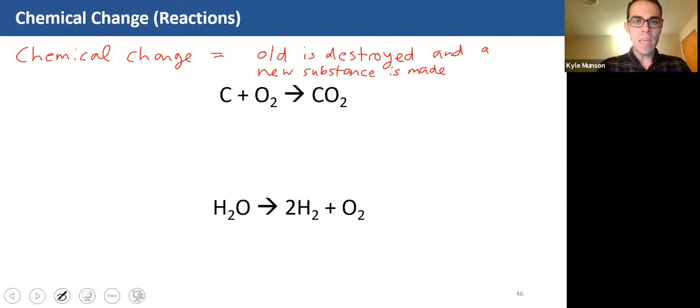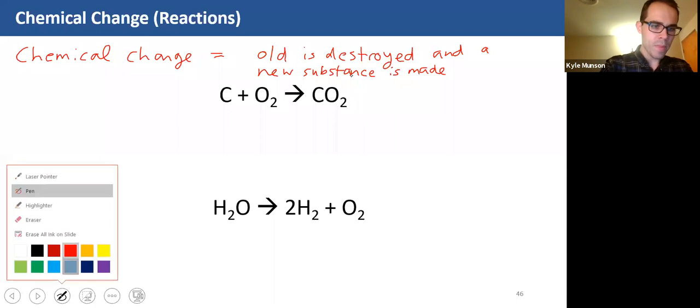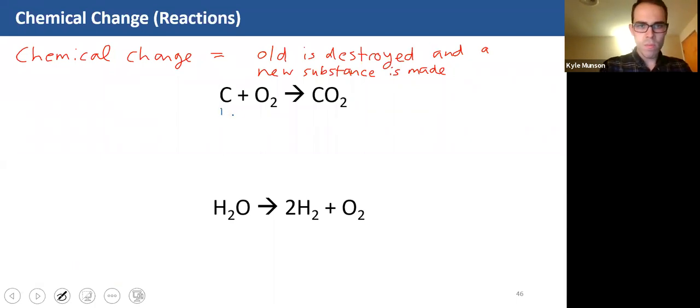So in this case, we have carbon plus oxygen giving us CO2 or carbon dioxide. And here, all right, let me change my color. The carbon and the oxygen are the beginning substances.